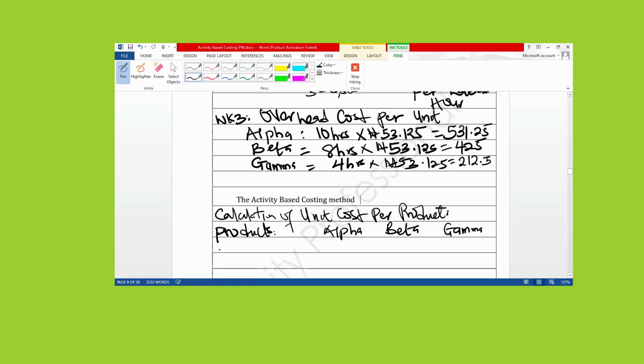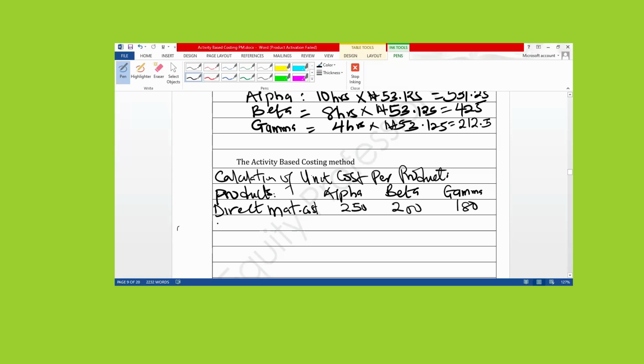Again, you start with your direct material cost: 250 naira, 200 naira, 18. Then direct labor cost: 1,800, 400.